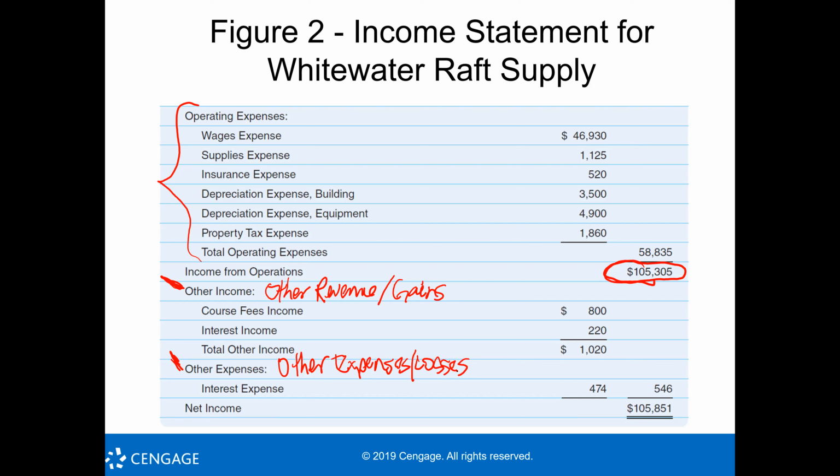What goes in the other income slash revenue or other expenses slash losses are peripheral transactions that have taken place, not in the normal course of business, for example, we earn interest on an investment.